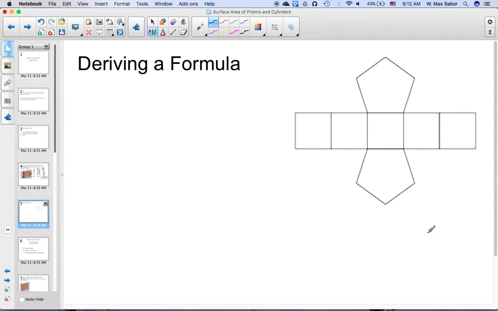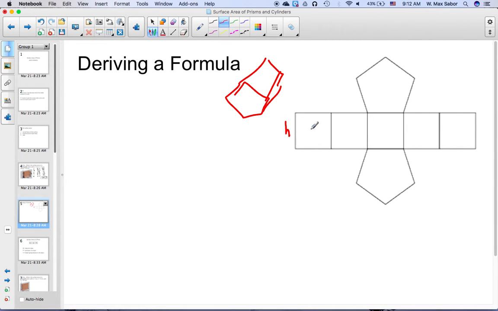So part of the idea here is that with a prism, you can unfold it to make its net. So imagine that you have a pentagonal prism, a pentagon at the front, a pentagon at the back, and then you connect the front to the back. You get a bunch of rectangles.